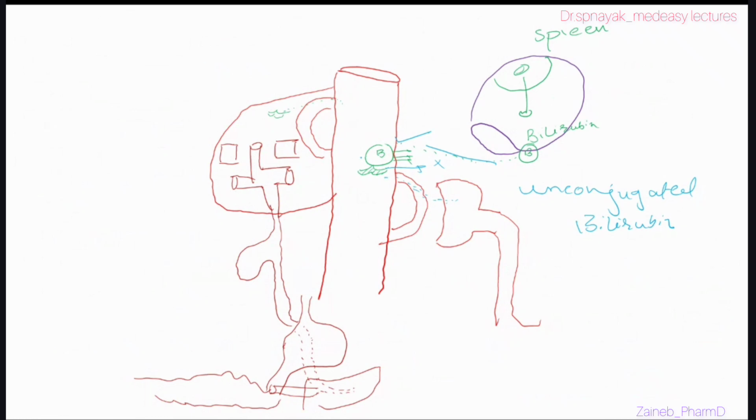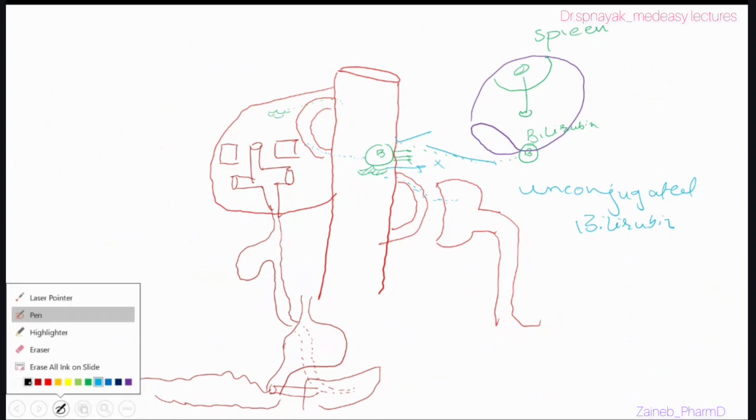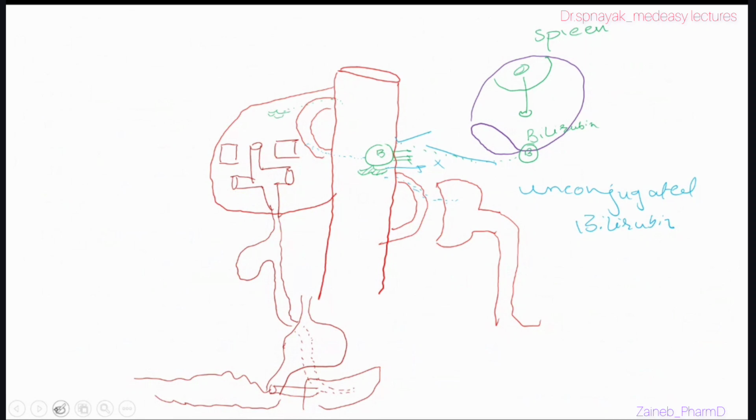So what will happen? This unconjugated bilirubin will go into the liver, and there are hepatocytes here. There is a special feature about the hepatocytes: they have two phases, the front phase and the back phase.